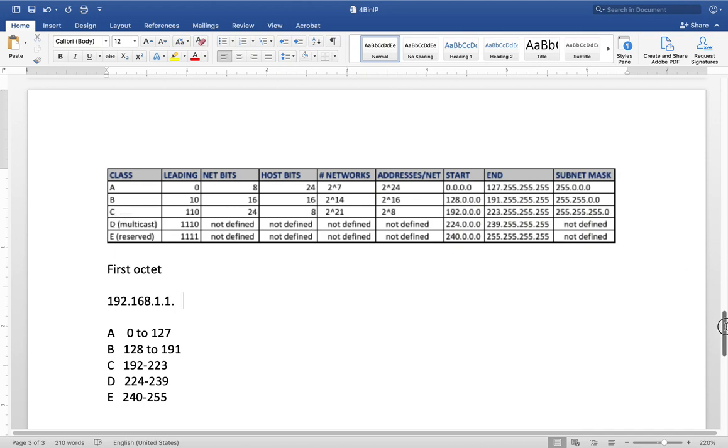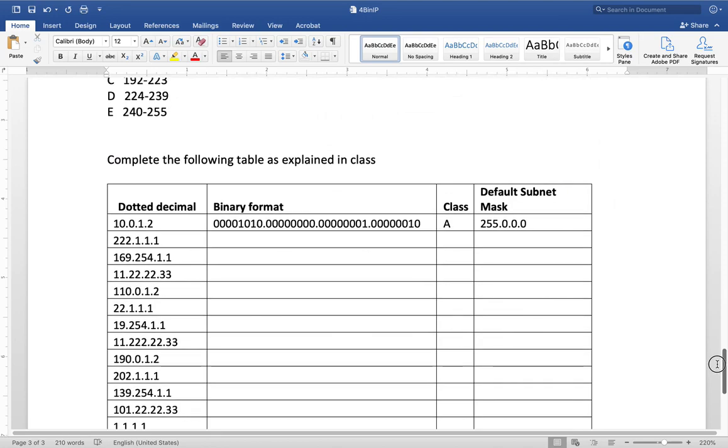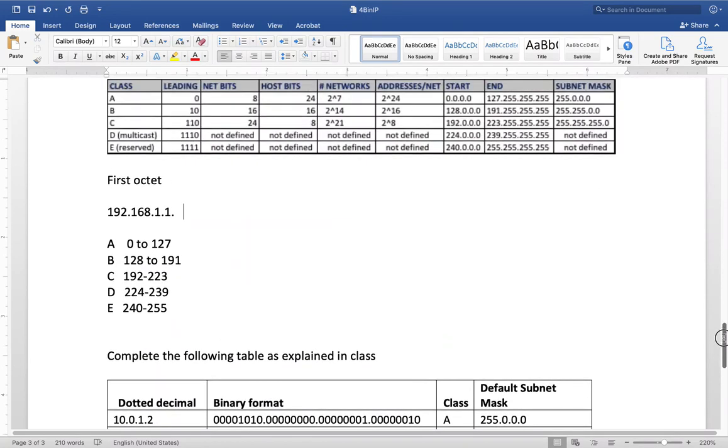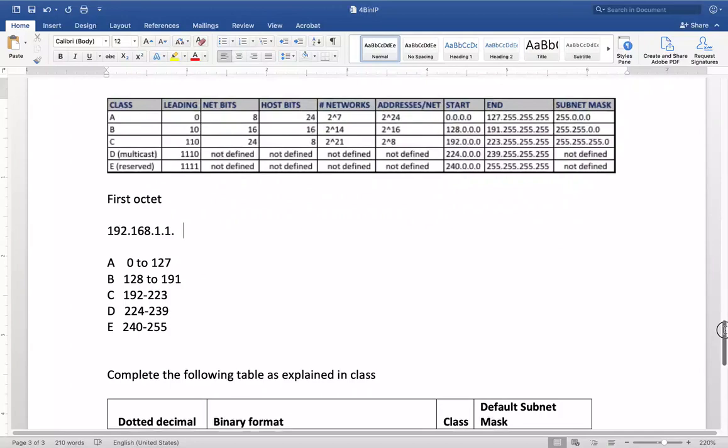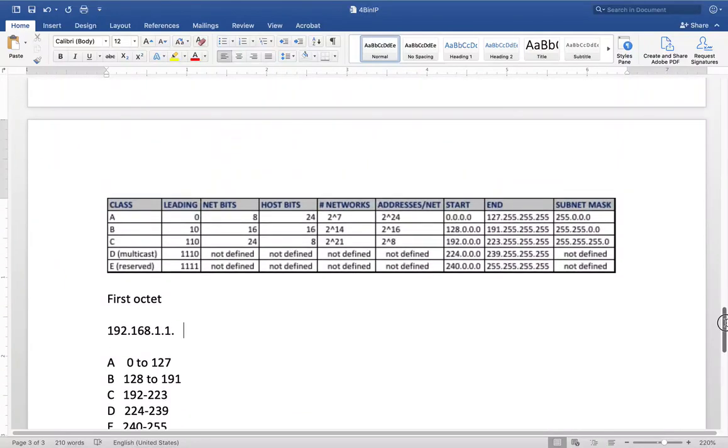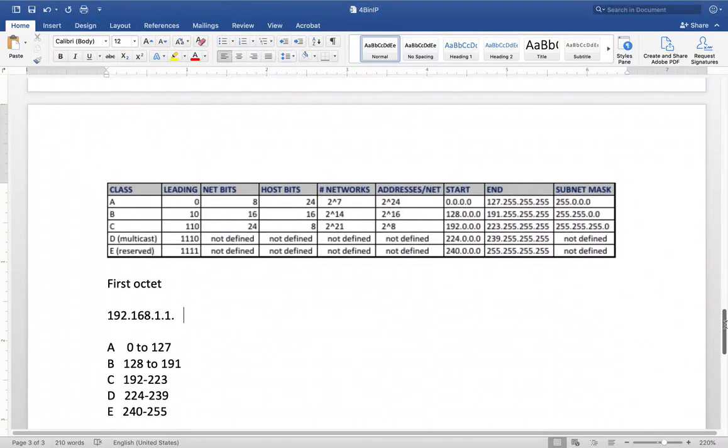The subnet mask is a little complicated concept. It is used to identify which part of the IP address identifies the network and which part identifies the computer.